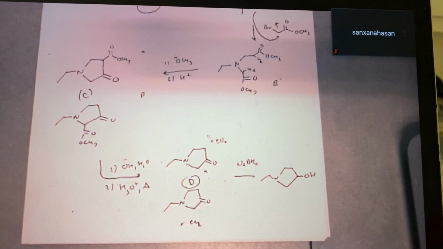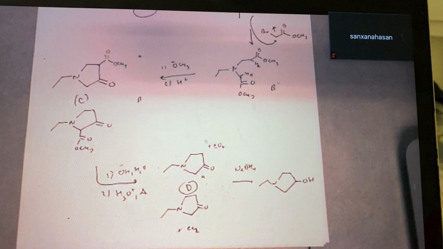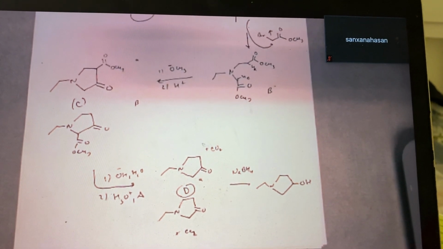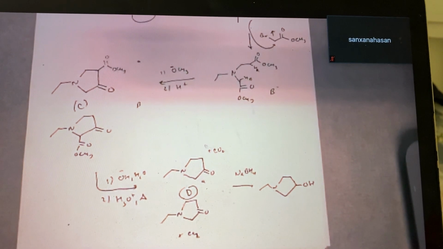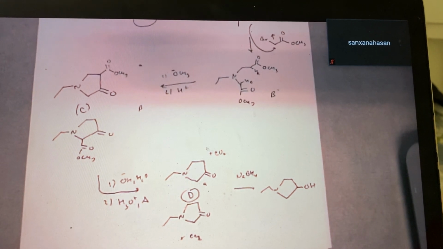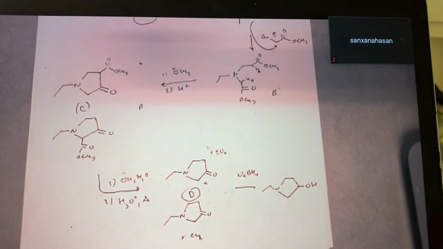So Dieckmann, where we're taking a diester and making a ring system, in this case a 5-member ring. And then going from C to D is what you learned in chapter 22, and that is saponification, decarboxylation. And then finally, to the final product is just reduction of a ketone.